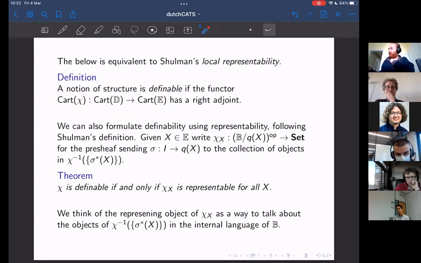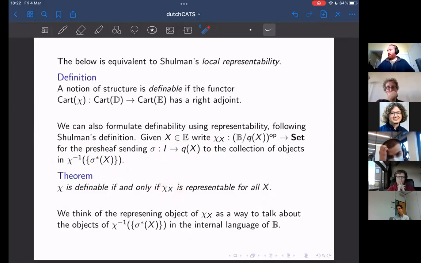If we have any object X in E, a family of objects in our total category, then we can define a presheaf on the slice category of B over the indexing object for X. What this presheaf does is it takes a map I into the indexing object for X and sends it to the collection of objects in the fiber of the re-indexing of X. Then chi is definable if and only if this chi X is representable.